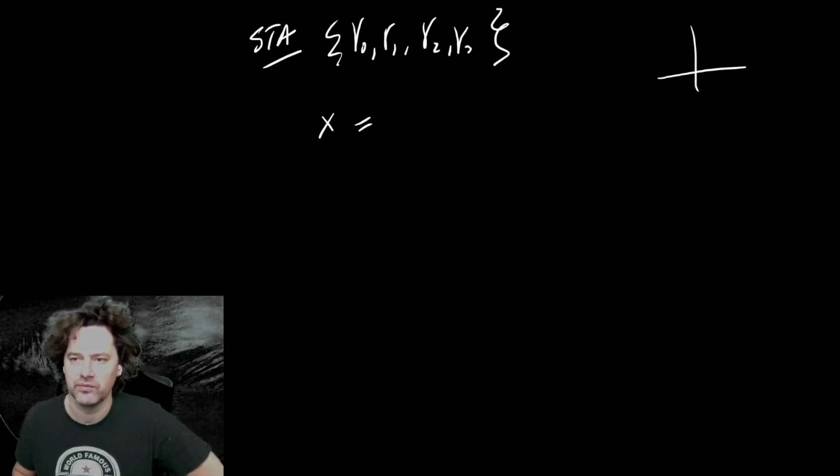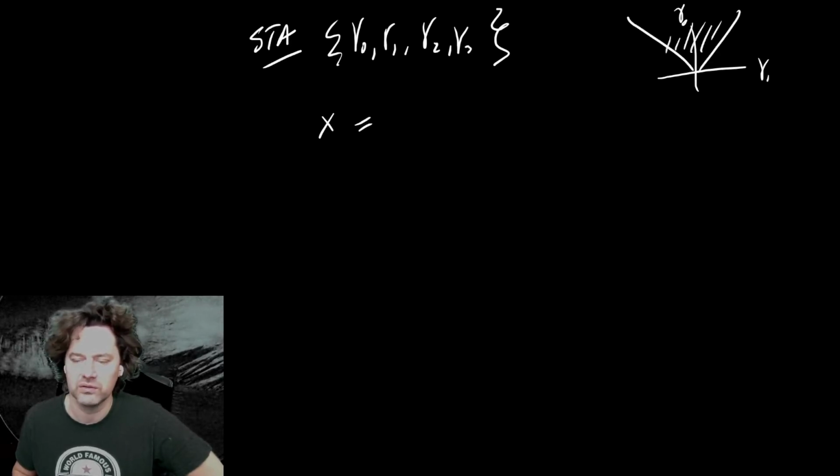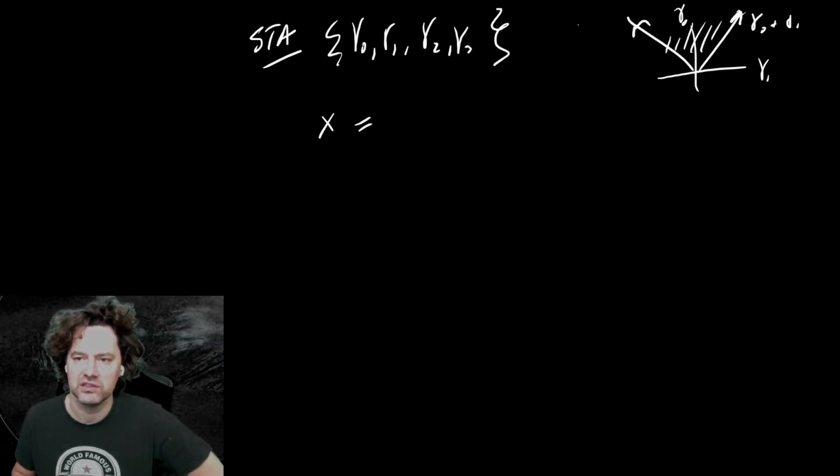So I'm going to pick, say, gamma naught, gamma 1. Let's look at parameterizing the space inside the light cone, where this is gamma naught plus gamma 1, and this direction is gamma naught minus gamma 1.